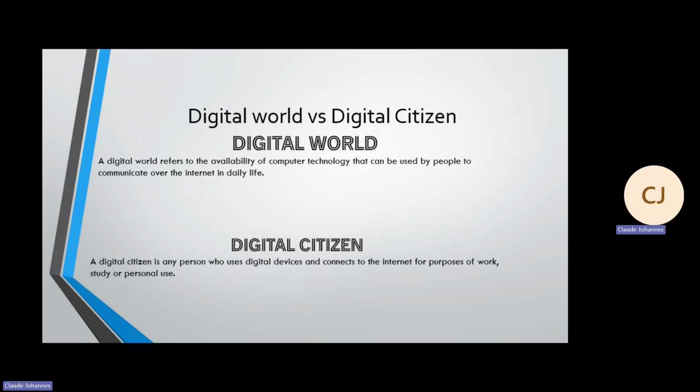A digital citizen is a person who uses digital devices and connects to the internet for purposes of work, study, or personal use. Yes, nowadays even people in the township use a smartphone, and if the network allows, she or he can access the internet.